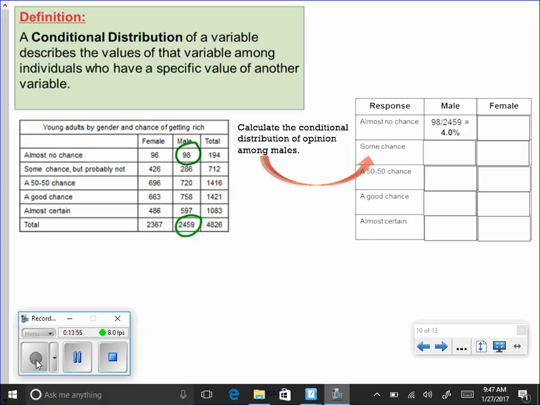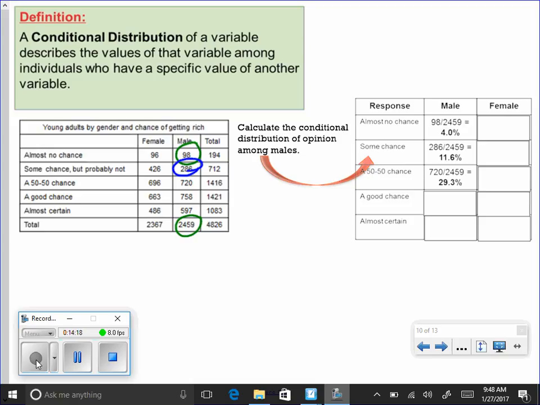For some chance, it was 286. So 286 out of 2,459 gives us 11.6%. For 50-50, it would be 720 out of 2,459, so that's 29.3%.